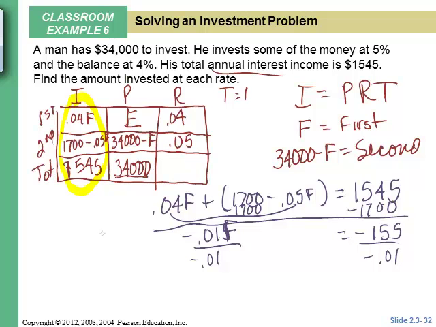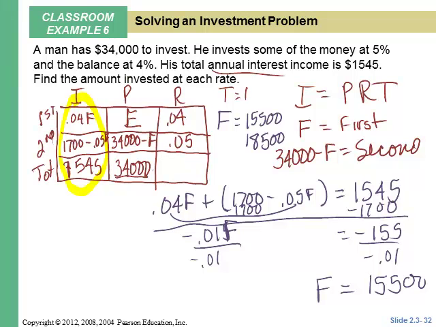That tells us the first amount, F, is $15,500. So if that's the first amount that he invested, and we subtract that from 34,000, we find the second amount was $18,500.